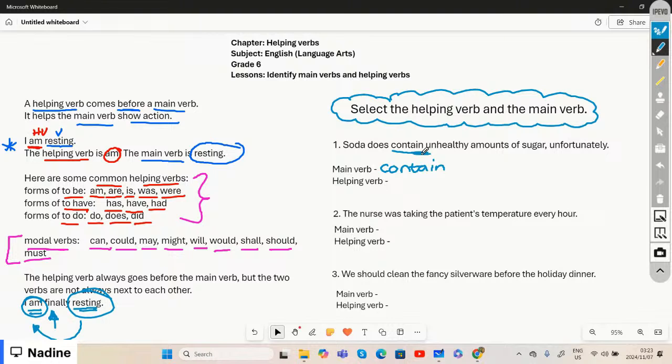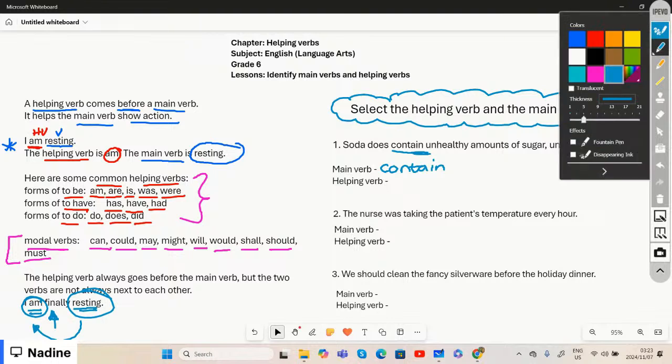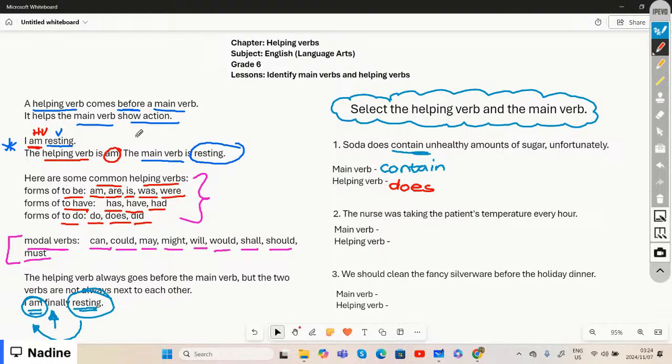If we were to select our helping verb within that sentence, then our helping verb would be does. So does is our helping verb. So the main verb within that sentence is contain, and our helping verb within that sentence is does. So does contain, right?